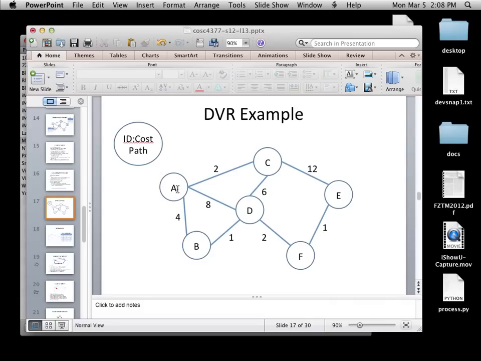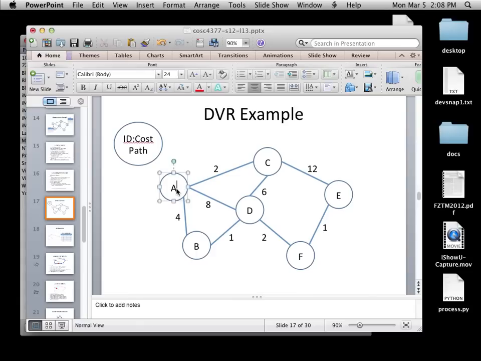Let's start with node A. I would also note that, to make the discussion simpler, we're going to just assume the destination is A. We're going to assume the destination that every node is interested in is A. Otherwise, we'll have to send various costs for various destinations, right? So we're interested in finding the best path to A.